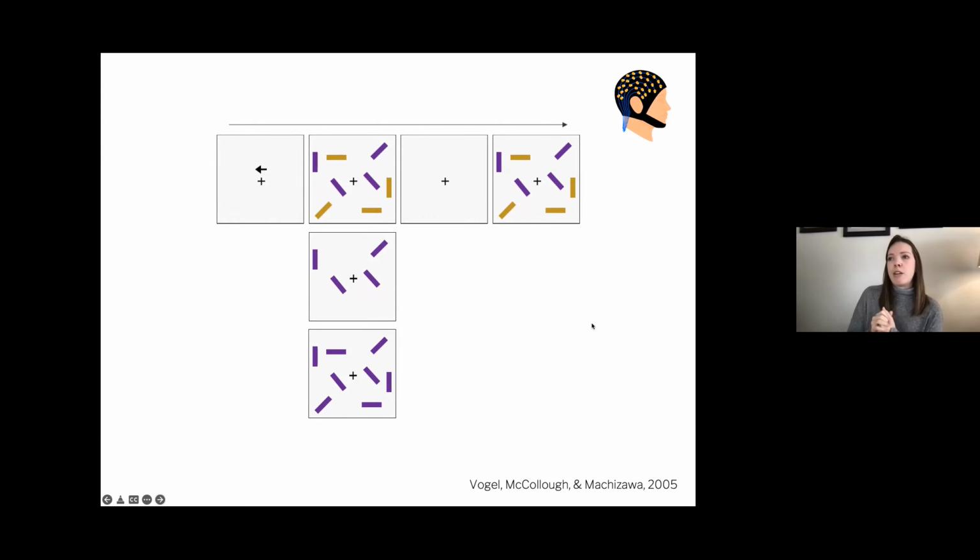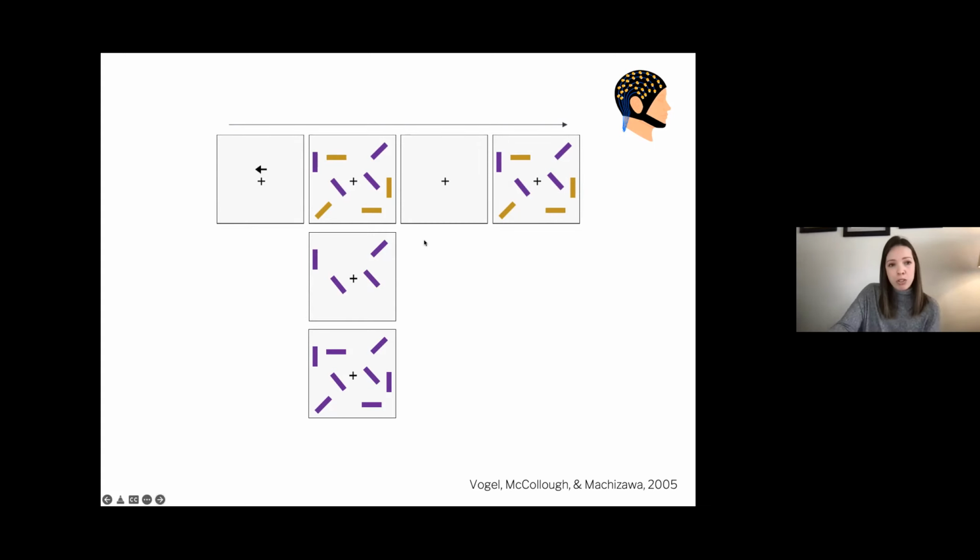And the idea here is that if participants are able to use attention to effectively exclude irrelevant information from being encoded into visual working memory, then what you should see is that CDA amplitudes should be comparable in these 2 conditions where there are 2 targets presented, regardless of whether or not there are concurrent distractors, because in that case, participants are able to use attention to effectively attend only to these relevant items and only encode these relevant items in memory, restricting these sort of yellow representations from unnecessarily consuming working memory capacity.